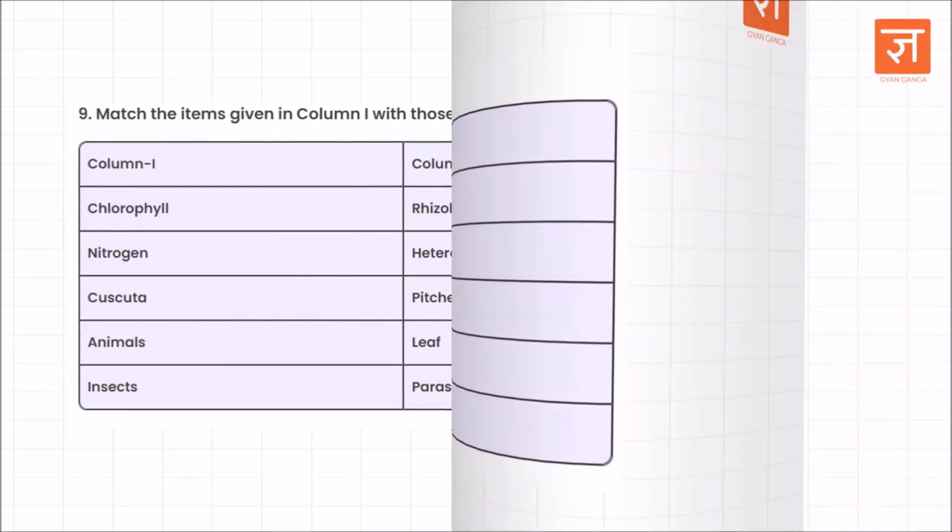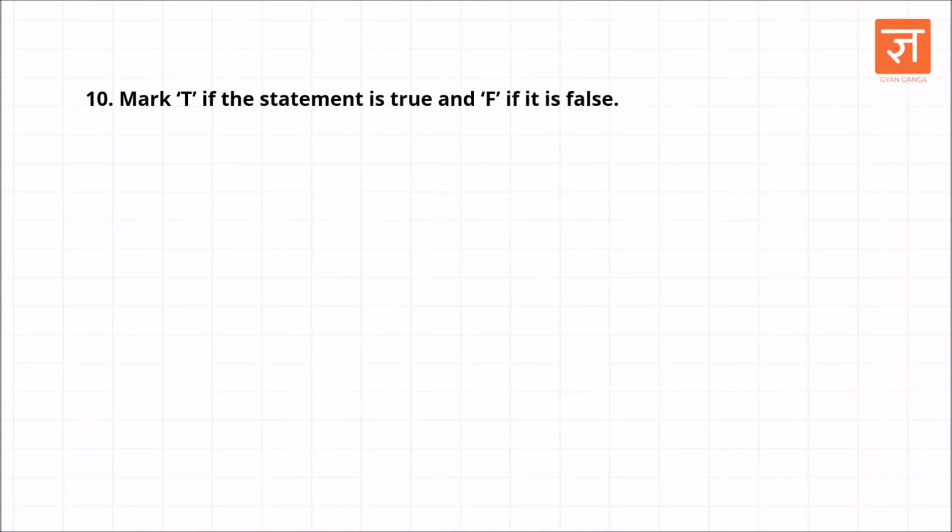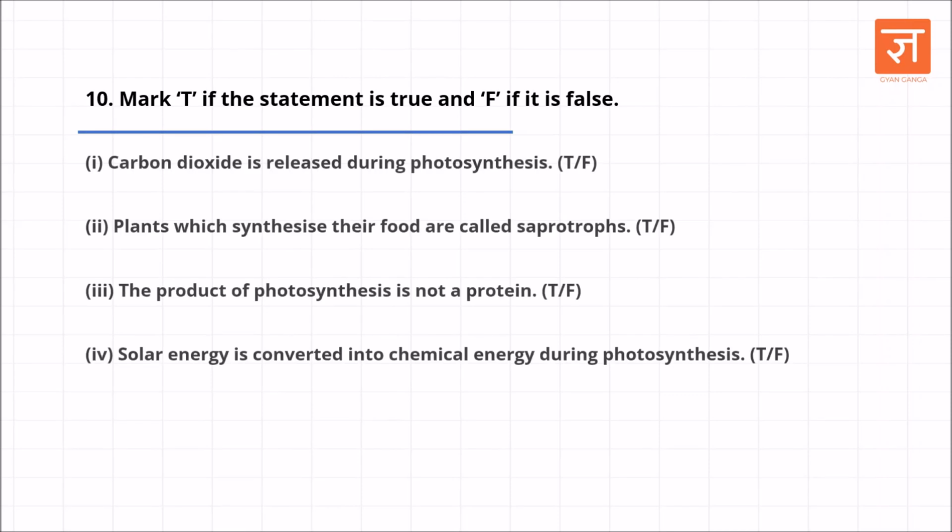चलिए आगे देखते हैं. We have to mark true and false. Carbon dioxide is released during photosynthesis. Is it so? ये true है या false है? Yes, it is false. Plants which synthesize food are called autotrophs. Again false.